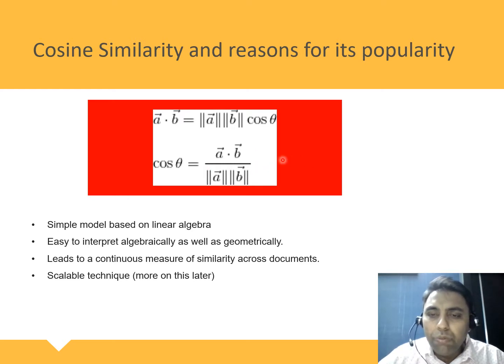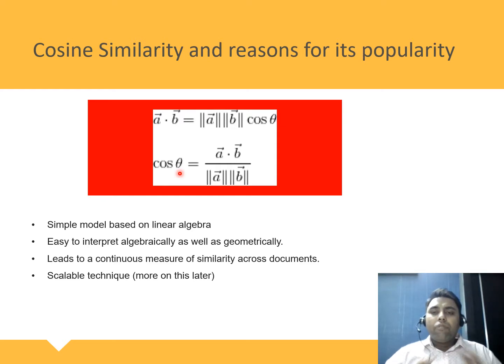So if you know A and B, which you will obviously know because you know the document term matrix, you can calculate the dot product and you can get the cosine similarity measure, right? Quite simple.